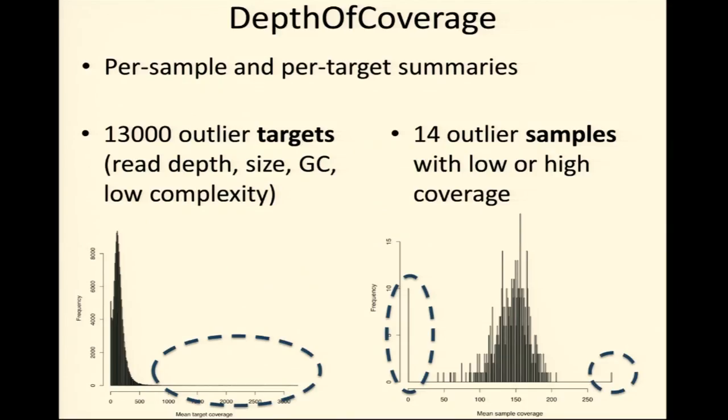One of the next steps, which I left out before, is filtering. The reason is that before you run PCA, the principal component analysis, for the normalization, you want to get rid of any targets or samples that are very extreme and would skew the PCA analysis. So we're getting rid of targets that have very high coverage, sort of outliers, or samples that have very high or very low coverage.